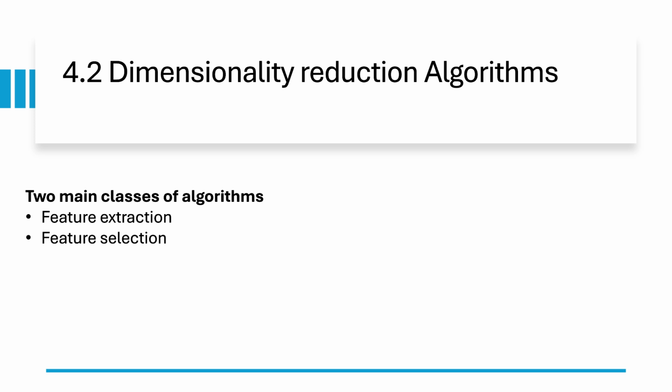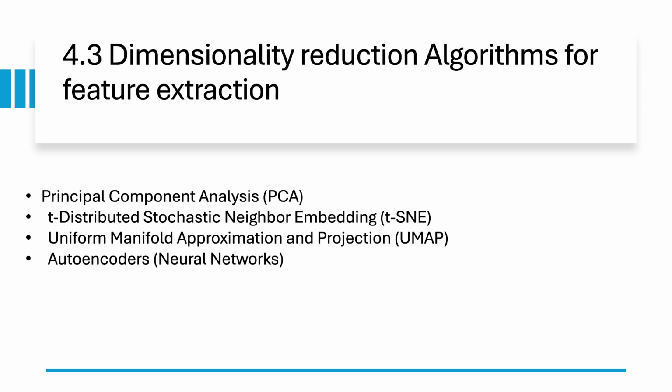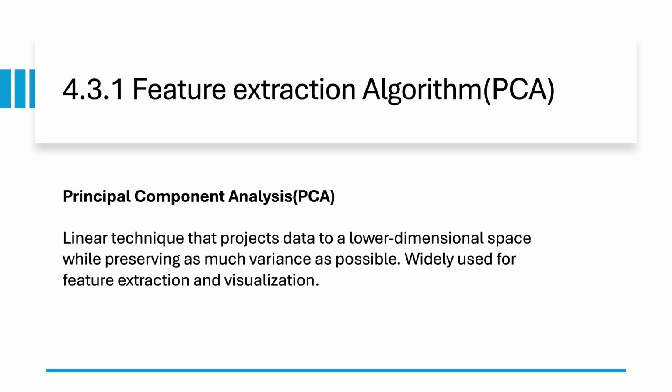The dimensionality reduction algorithms are divided into two major classes, and these are the ones used for feature extraction and others used for feature selection. We'll look at those used for feature extraction. These include principal component analysis, t-distributed stochastic neighbor embedding, uniform manifold approximation and projection, and also autoencoders.